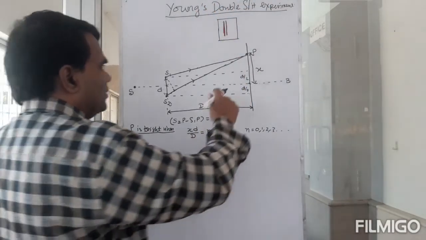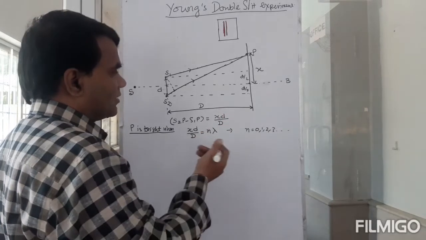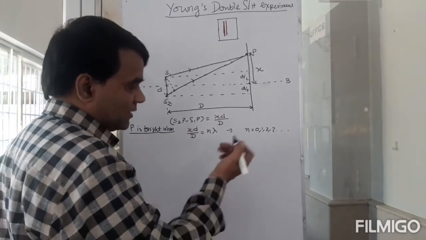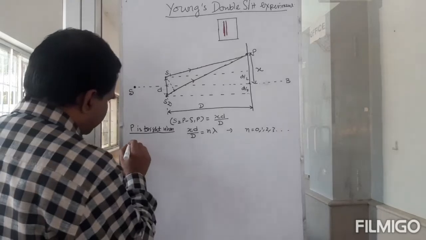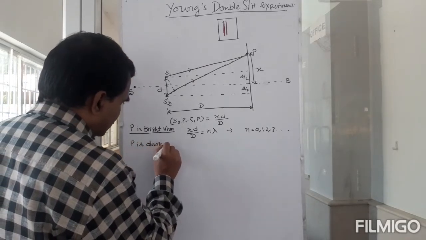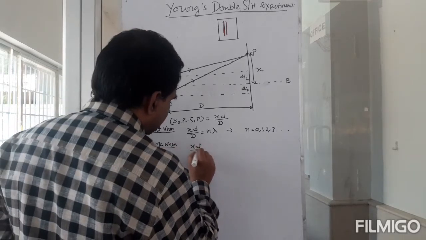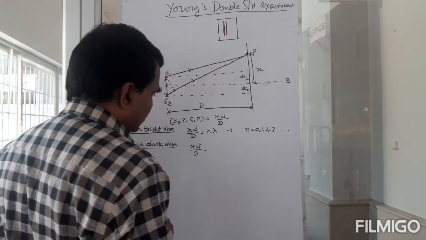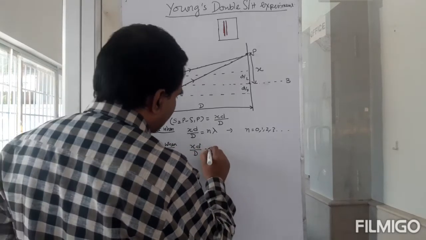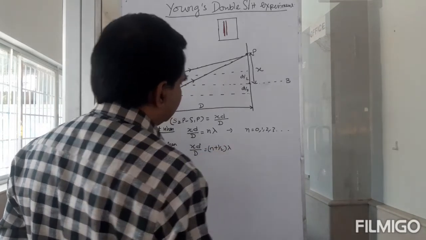So what happens if the path difference is not n lambda but n plus half lambda? P is dark when this xd by D is equal to n plus half lambda.